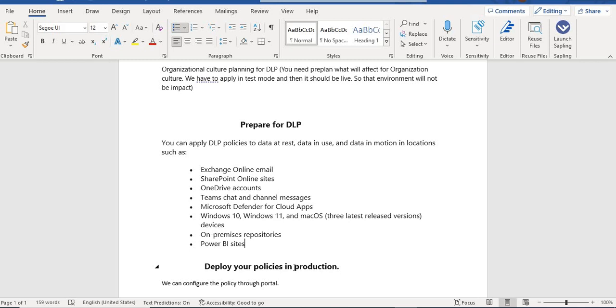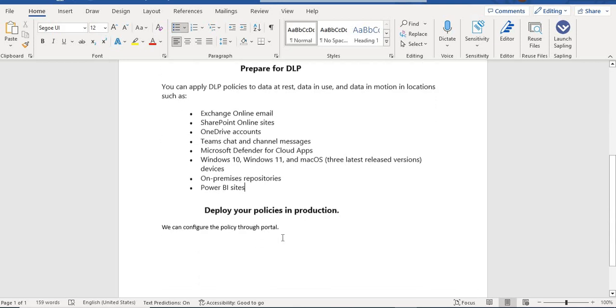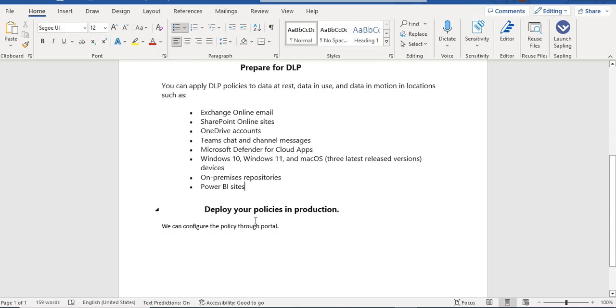It can also track internally when any user shares, or tries to send in an email, your confidential or sensitive data; you can capture the data and also the user. I will show you all the configuration part in the next video.